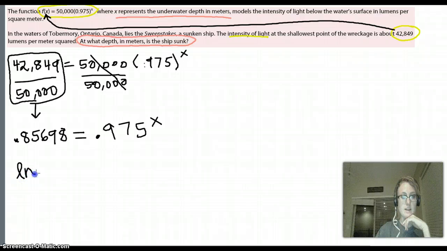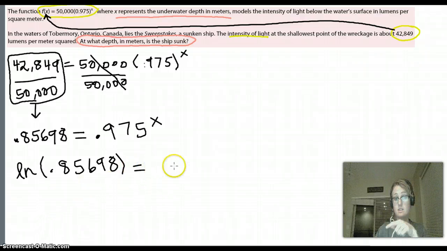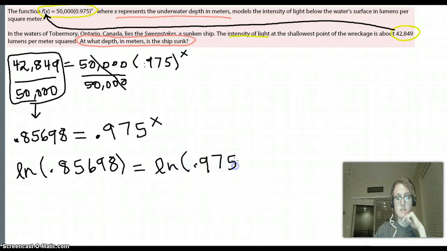So I will go ln of 0.85698 is equal to, remember, whatever we do to one side, we have to do to the other side, so it's equal to the ln of 0.975 to the x. The cool rule about taking logarithms is that the exponent is not an exponent anymore. It gets to be brought down in front as multiplication.